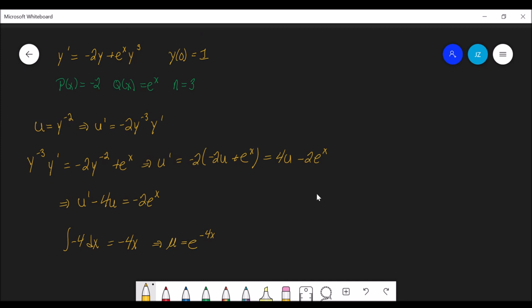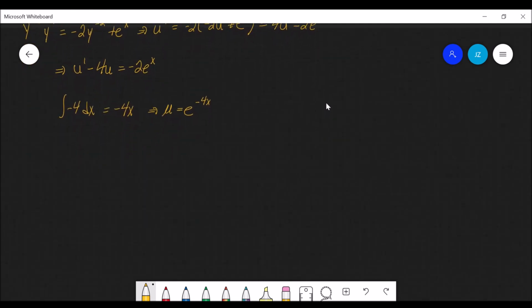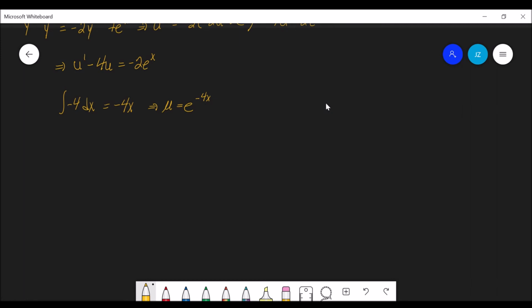So we multiply our equation by mu, and we get e to the negative 4x times u prime minus 4e to the negative 4x u is equal to negative 2e to the negative 3x.